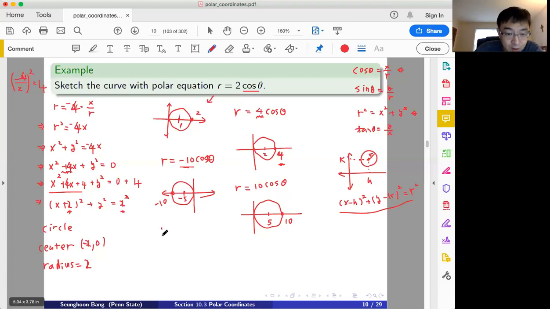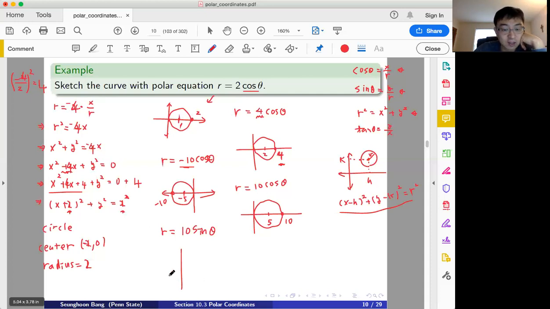So one more: r = 10 sine theta. What is r = 10 sine theta? It is like this one. You can change it: r = 10 times sine theta, and sine theta is y over r. You can use y over r and complete the square. We have similar answers.